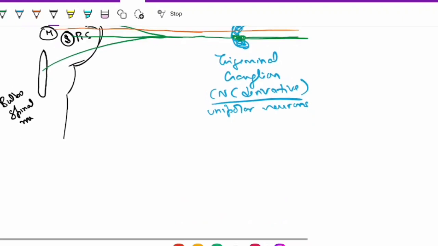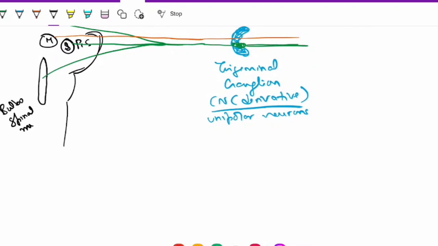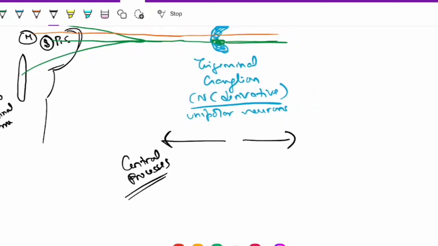So if you study with respect to ganglion, anything that goes towards brain is known as central processes, and anything which goes away from the brain will be known as peripheral processes. Peripheral processes of the trigeminal nerve.